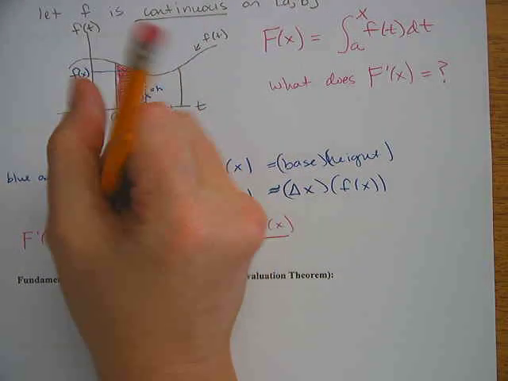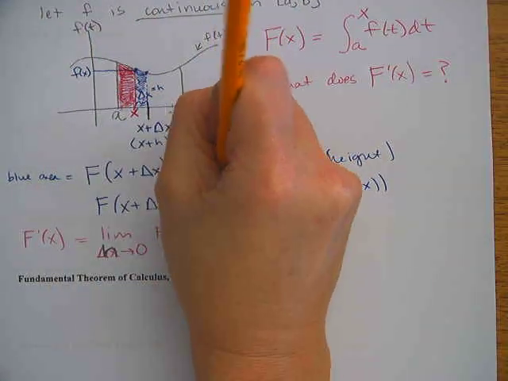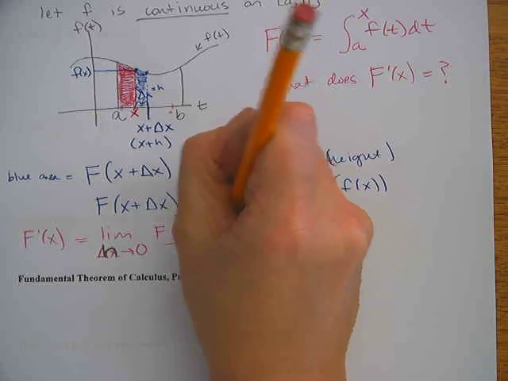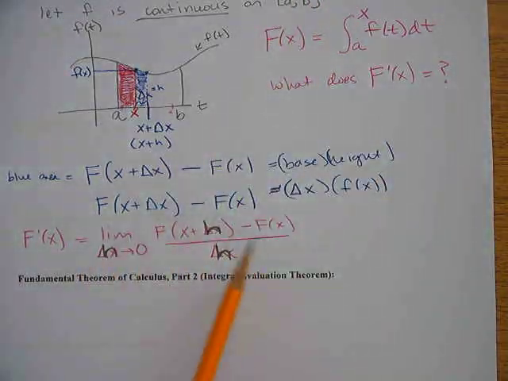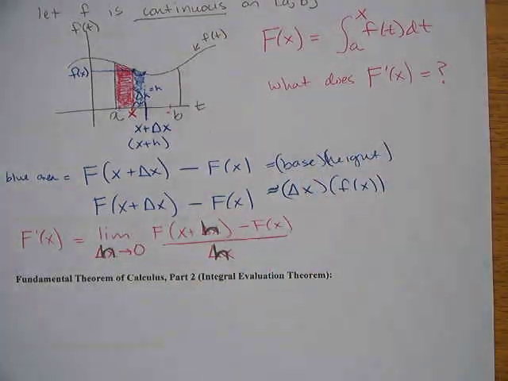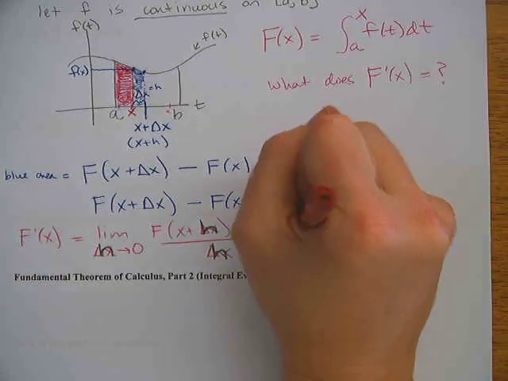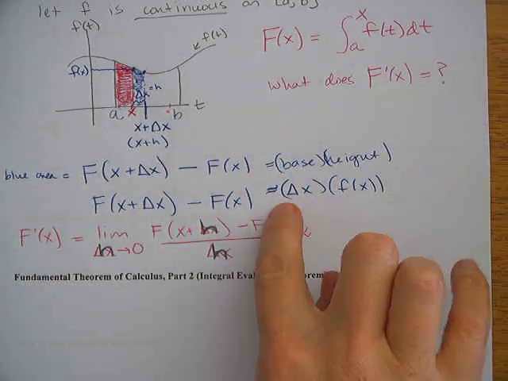And if you wanted to replace all the delta x's with h's, you could do that, and you could see that it's pretty much just the formal definition of derivative. So maybe I'll just go ahead and do that now. We could think of delta x as h here, and as h there, because h was just a change in x. So you see here we basically have the formal definition of a derivative.